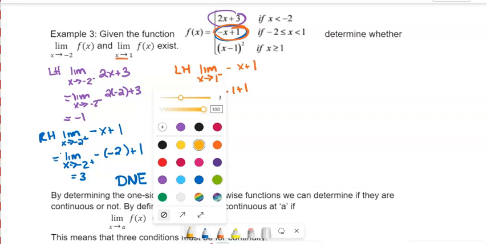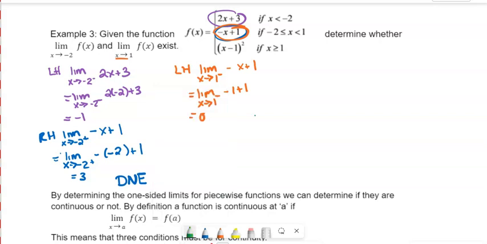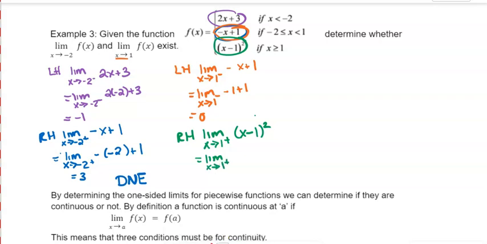And then let's do this last one in green. Okay, so now my right-hand limit as x approaches 1 from the right. Now, these are any numbers bigger than 1, so I'm going to use this function. Plug in my x value, which is 1.